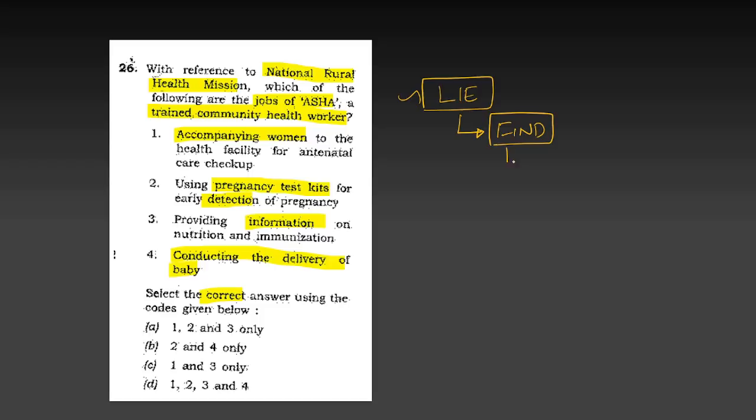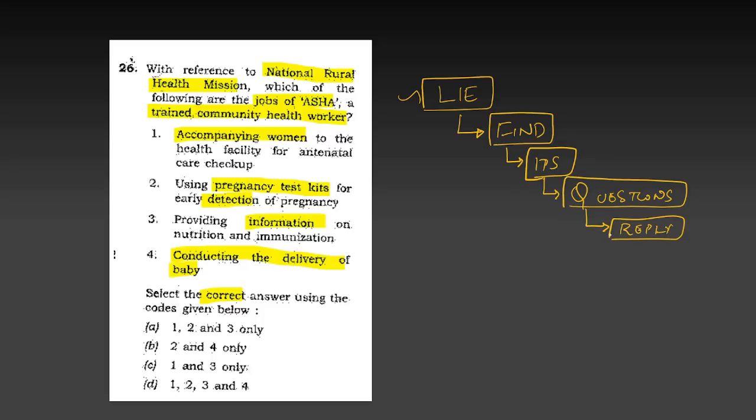In IPS investigation, or in many Hollywood movies, you will see they ask questions and let the person reply. Why? Because in these investigations you can find the holes in the plot. The holes in the plot.